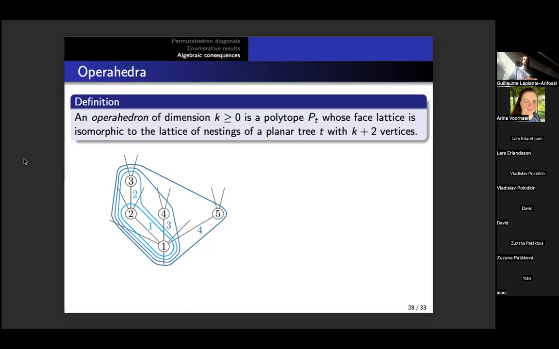So in the picture, I compose first 1 and 2, then I compose the result with 3, then the result with 4, and then the result with 5. And what you get is a family of polytopes, which can be obtained by projection from the permutahedron.